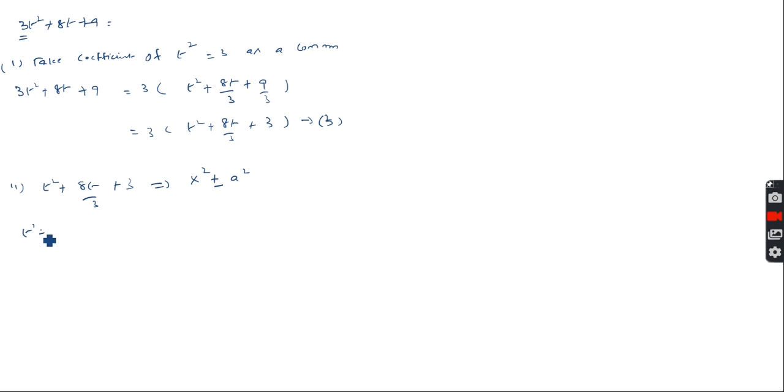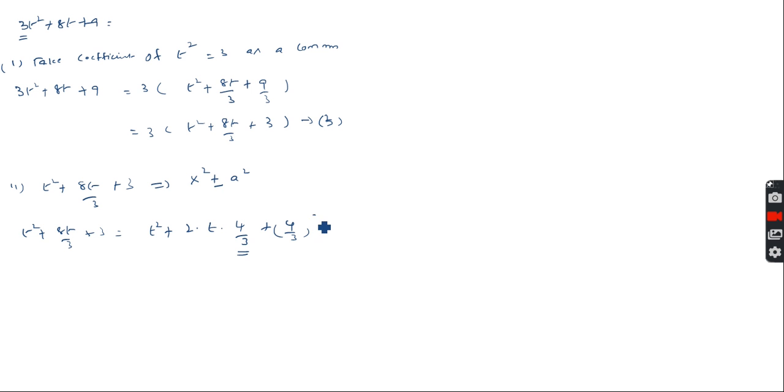So how can we write this one? It is written as either a plus b whole square or a minus b whole square. Here this is a square plus 2ab. The b is nothing but 4 by 3. So 2 into 4, that is 8t by 3. So this is the b value.